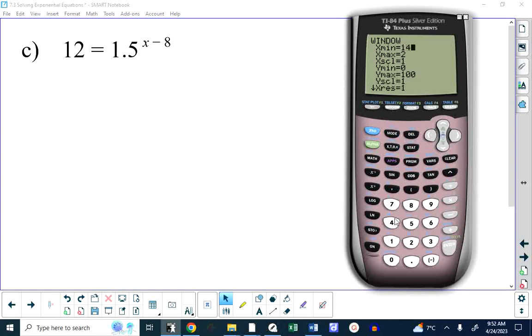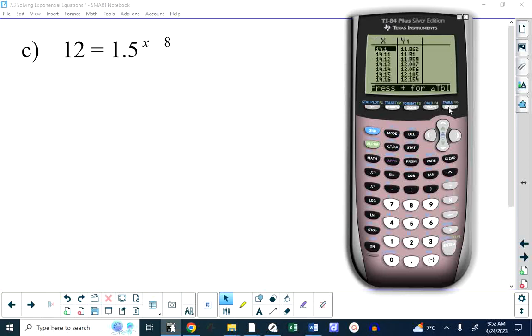I can start at 14 and go up by 1/10 and go to my table. I'm looking for 12. Well, now I see it's between 14.1 and 14.2. So I can start at 14.1 and go up by 100th this time.